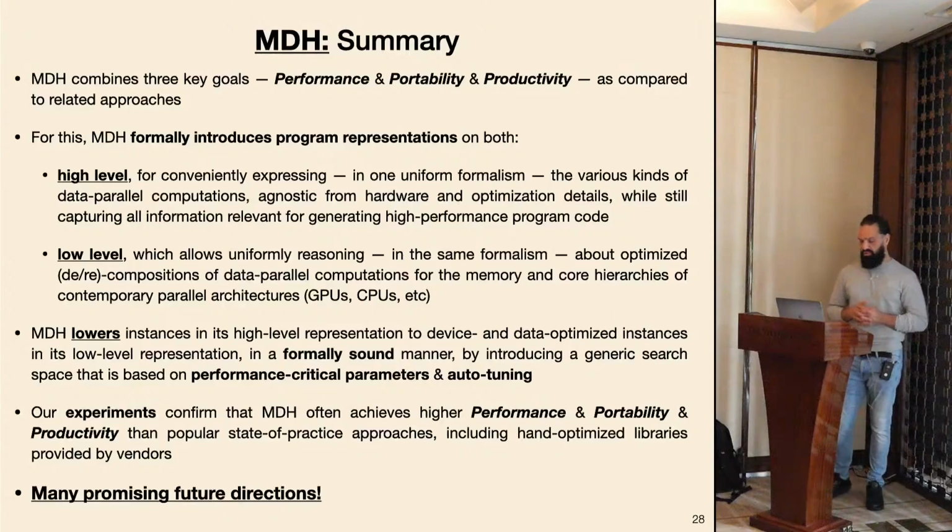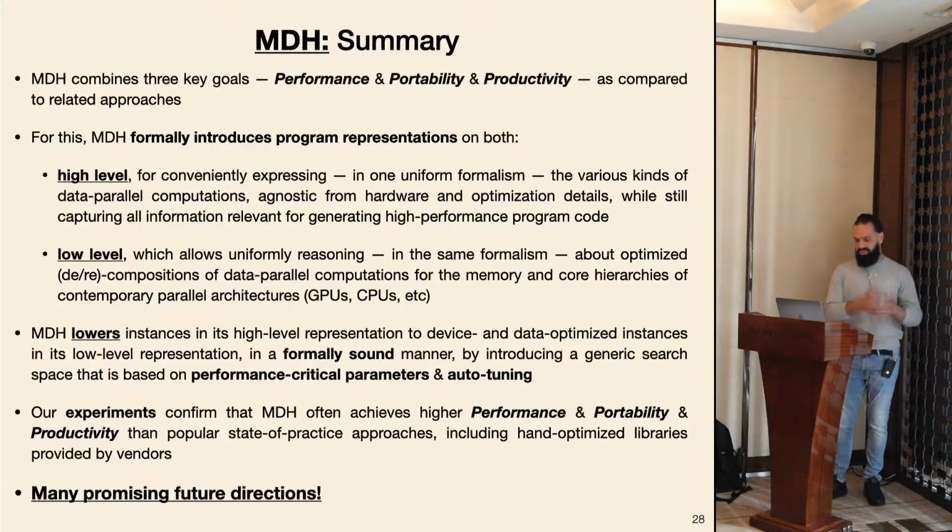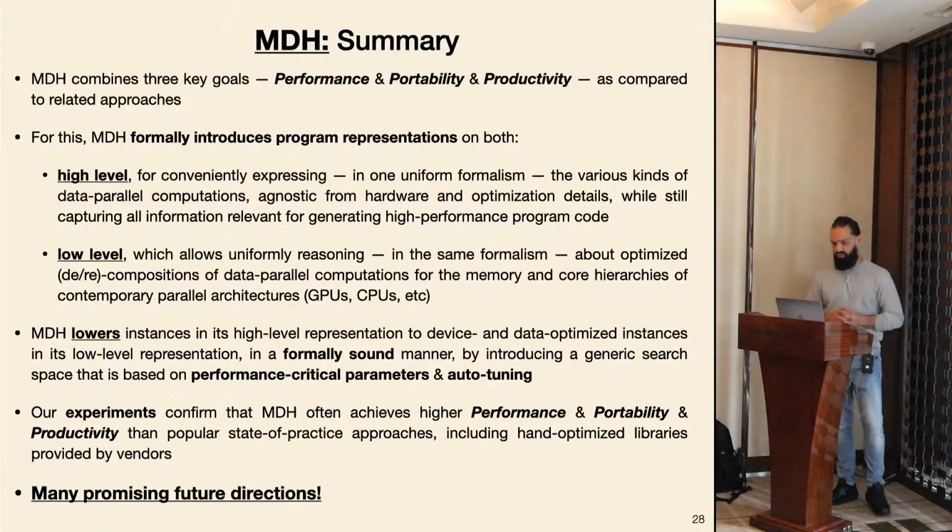And yeah, in our experiments, we could confirm that MDH often achieves higher performance, portability, and/or productivity than popular state-of-practice approaches, also including hand-optimized libraries provided by vendors. I think the most interesting point here is that there are many interesting, promising future directions that we can hopefully present at some ARRAY event in the future.